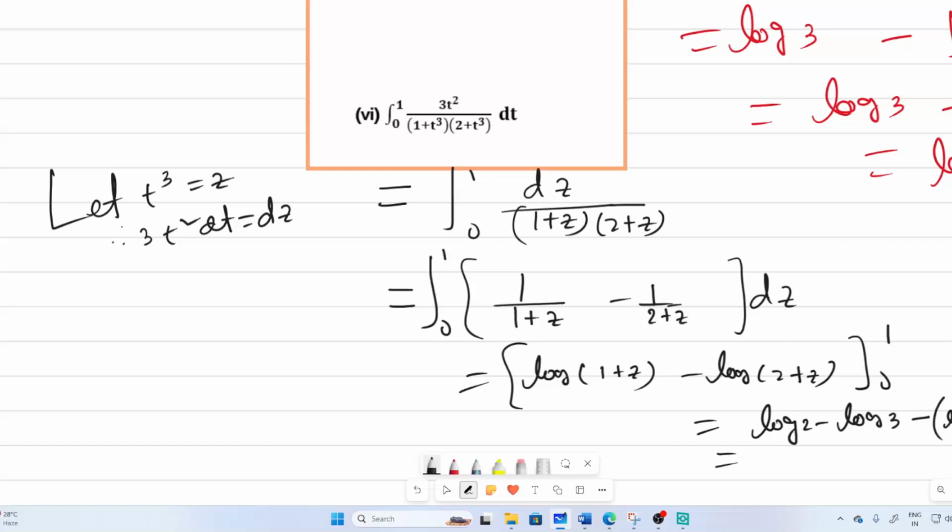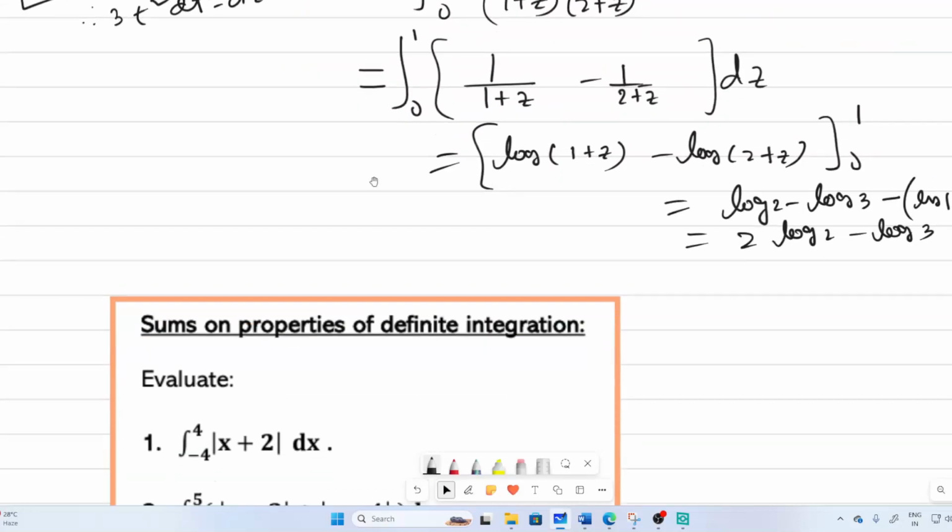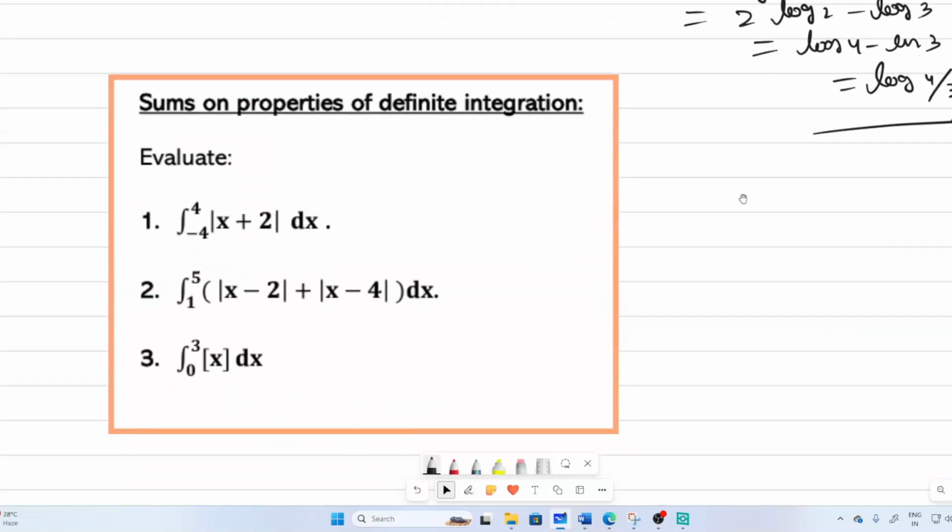Now this is log 2 and plus log 2, so 2 log 2 minus log 3. What is this? 2 log 2 is log 4. Log 4 minus log 3. Answer is log 4 by 3.